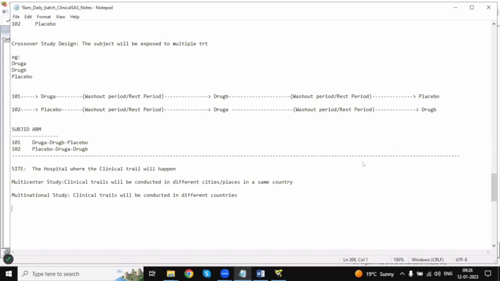They are conducting the clinical trials in India, Japan, USA, Australia, different countries. Okay. Next.